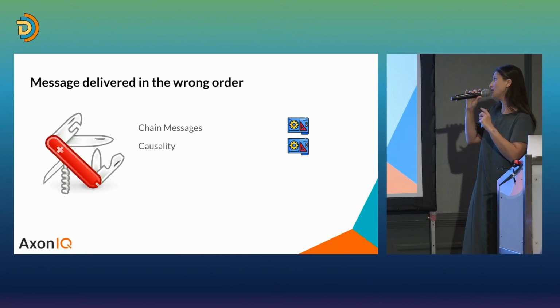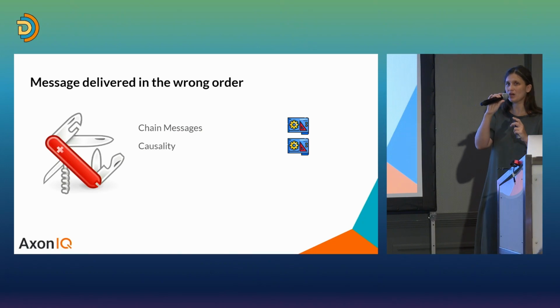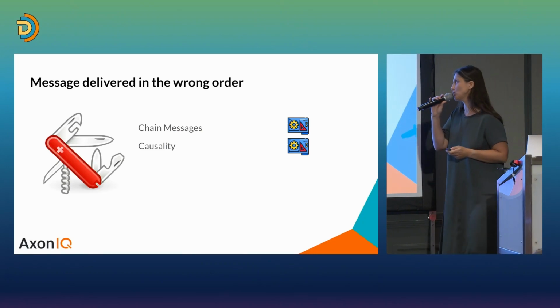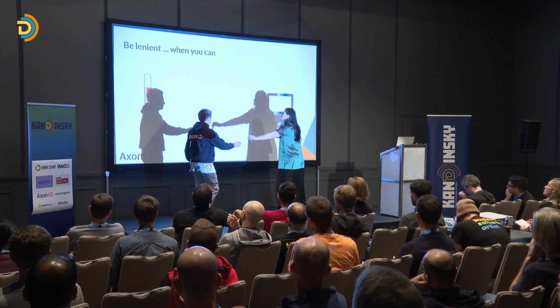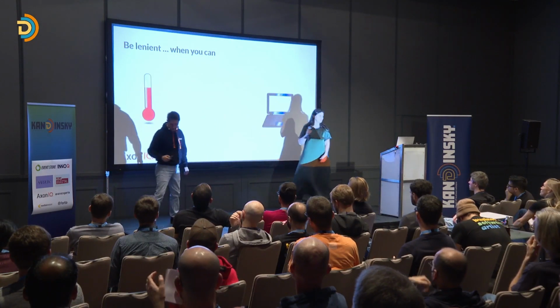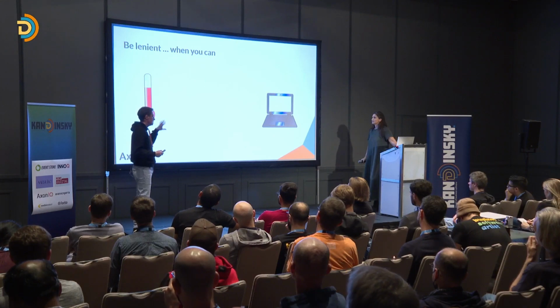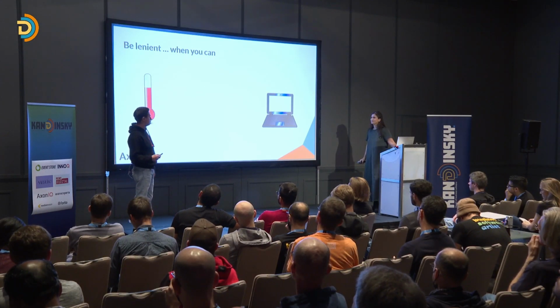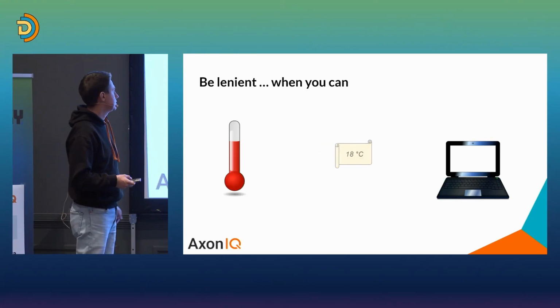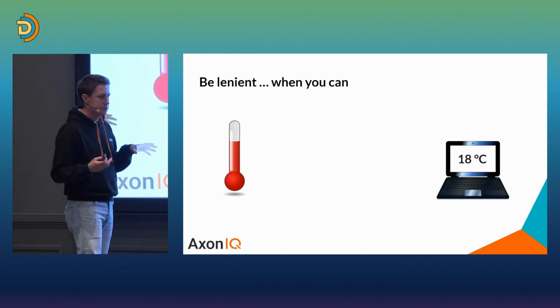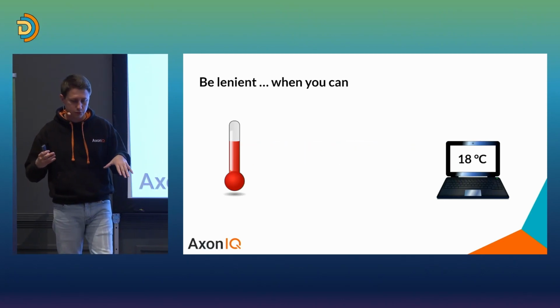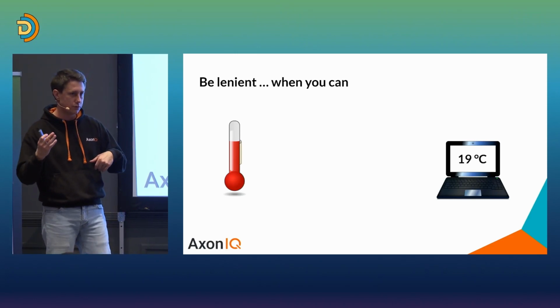Then we want to propose a solution that you can use only in very particular situations. And that is leniency. In this situation, we have, for example, a temperature sensor. It sends temperature readings to a cloud service. It is collecting them, and let's say that in this cloud service, we want to have logic, for example, to turn on heating or to turn off heating.